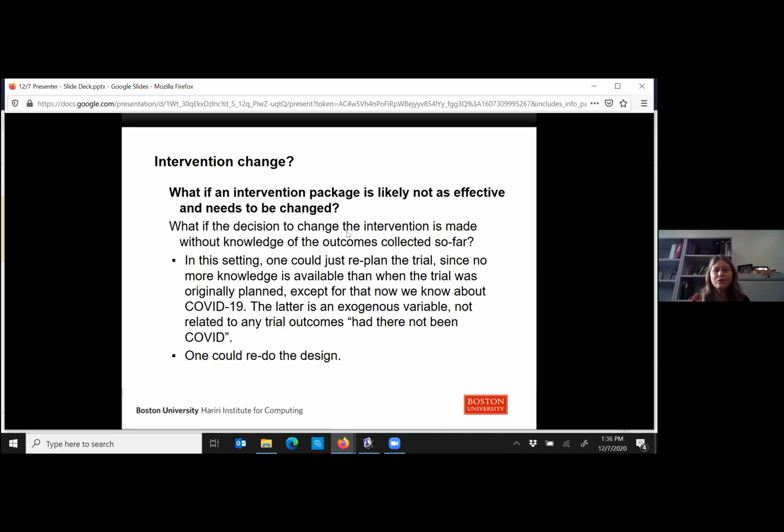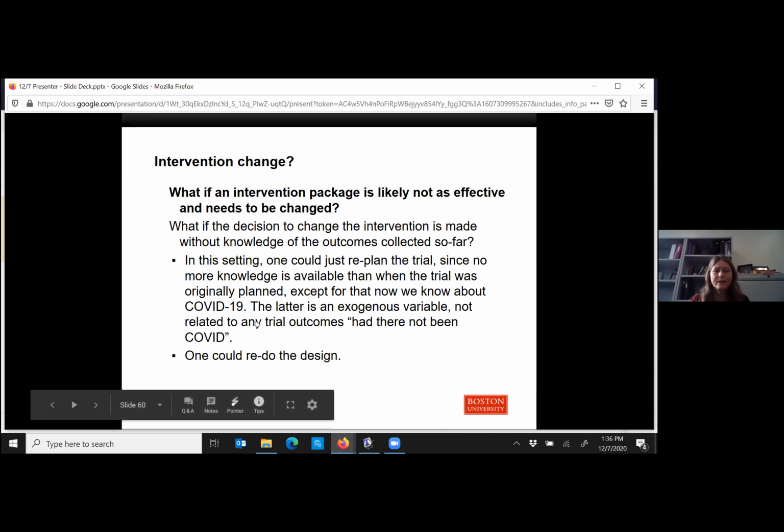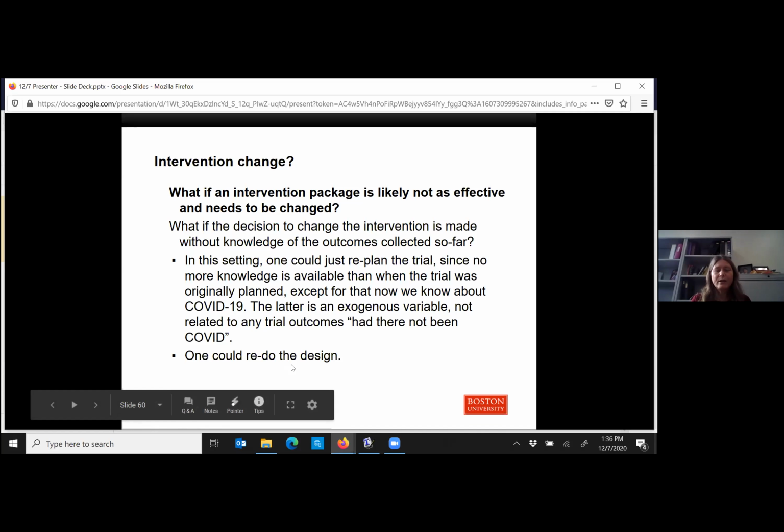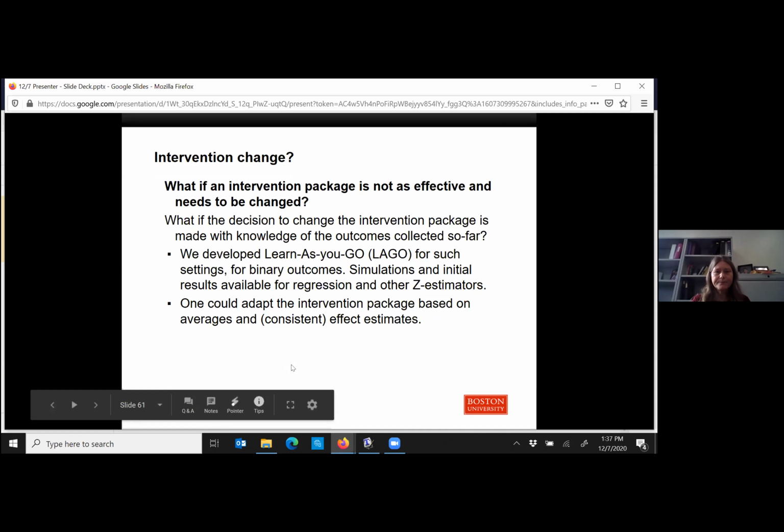If this decision is made without knowledge of the outcomes collected so far, one could, in principle, replan the trial in collaboration with the regulatory agencies. Because again, COVID-19 is an exogenous variable and not related to any trial outcomes. One could redo the design.